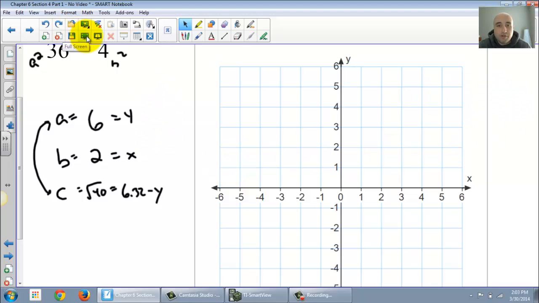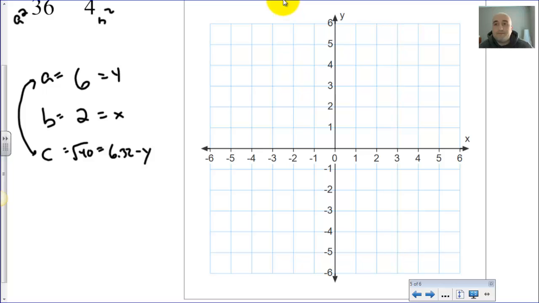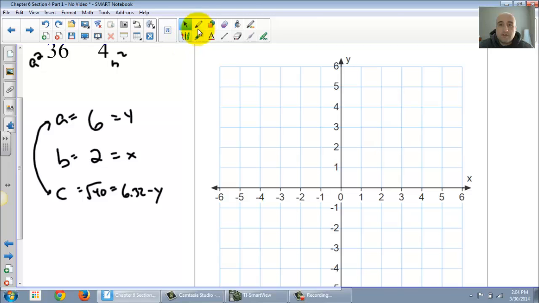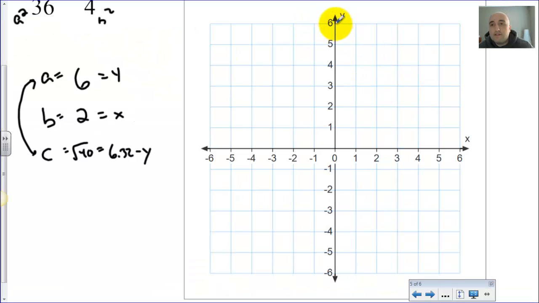I'm going to make the screen bigger for right now. Let's remember these numbers: our A is 6, our negative A is -6, our B is 2, and -2. So I'm going to draw my rectangle now.